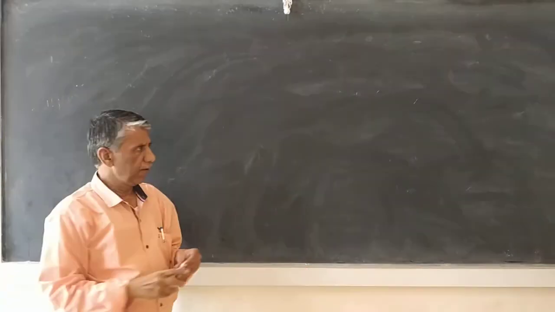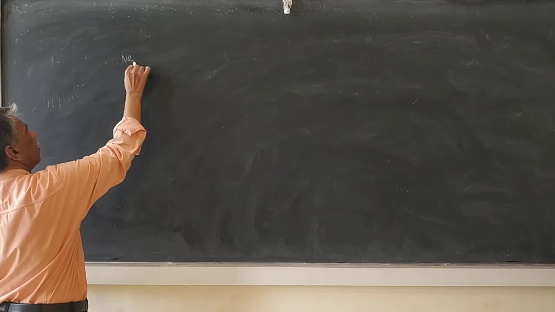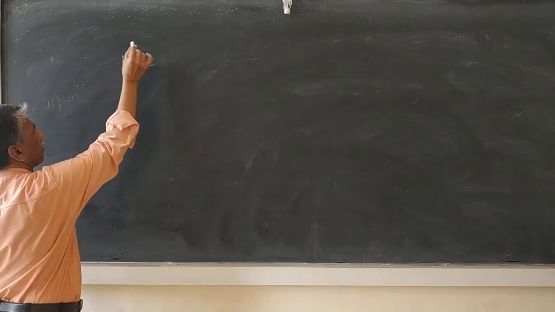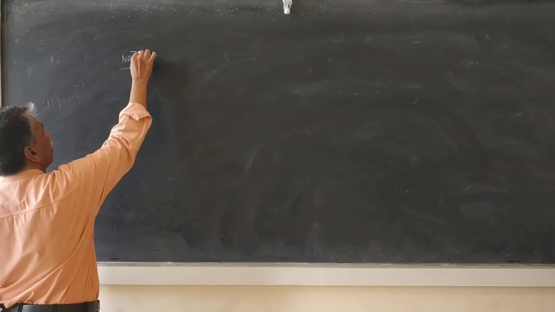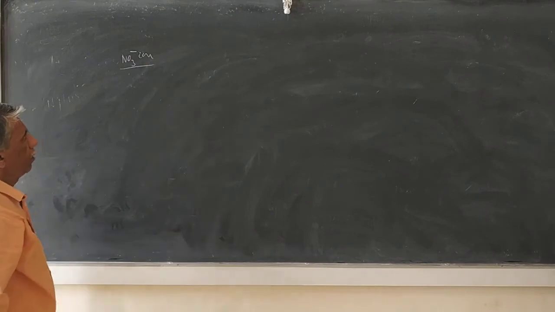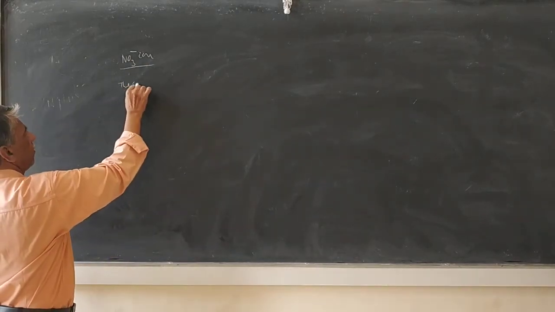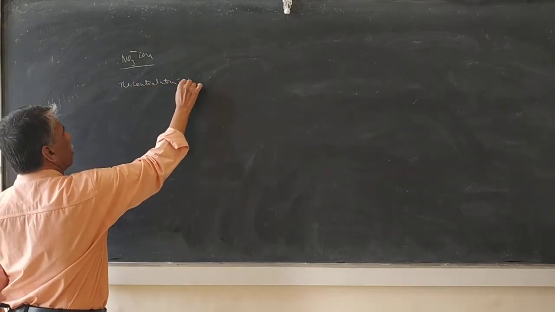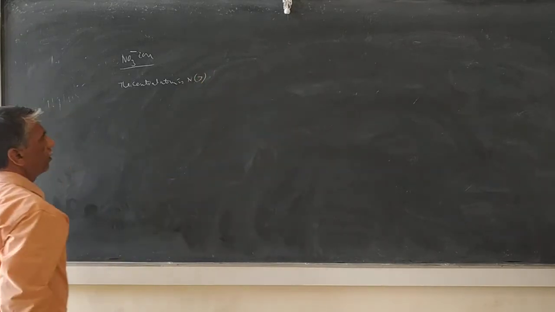Similar explanation is given for NO3 minus ion. So we just see here. Again, we select the central atom. The central atom is nitrogen with atomic number 7.